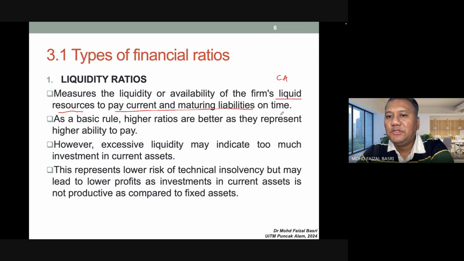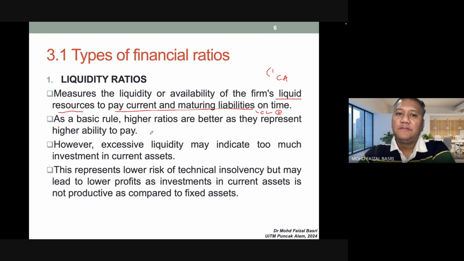These current and maturing liabilities are the current liabilities. These are the two things we need to know to calculate the liquidity ratios. Both pieces of information are available in the balance sheet of the company.